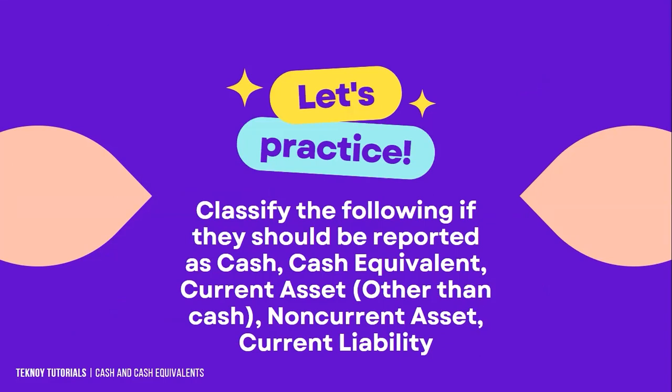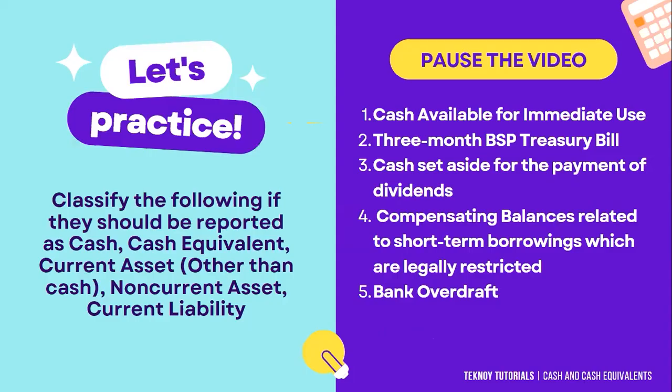All you have to do is to classify the following items if they should be reported as cash, cash equivalent, current asset other than cash, non-current asset, or current liability. In the next slide, I'll be giving you items. Get a pen and paper and identify which of these they fall into.